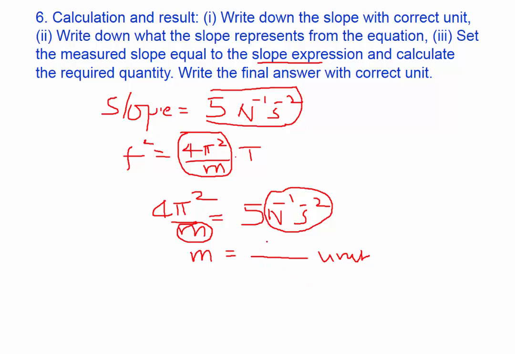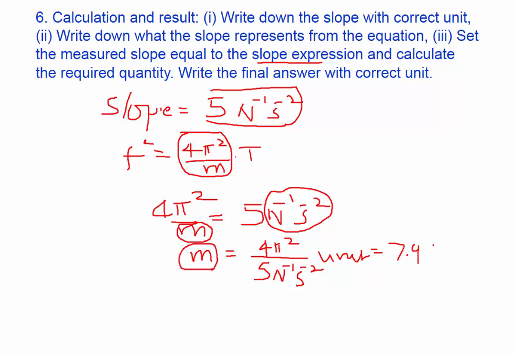So, what is m equal to? M is 4 pi squared divided by 5 Newton to the -1, second to the -2, and I think that's about 7.9.